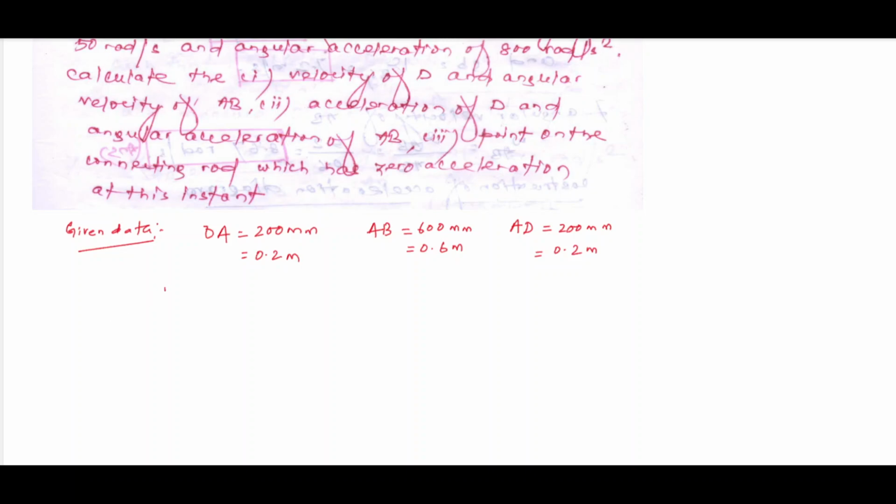Now omega AO is given to you, that is 50 radian per second, and alpha AO is given as 800 radian per second square.